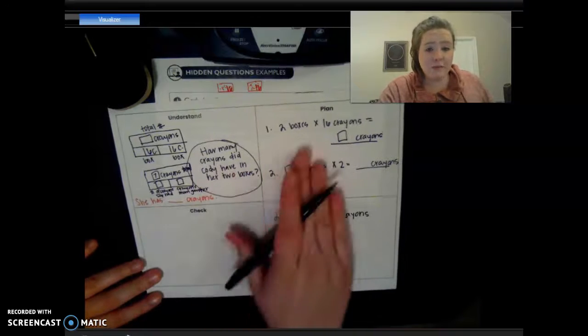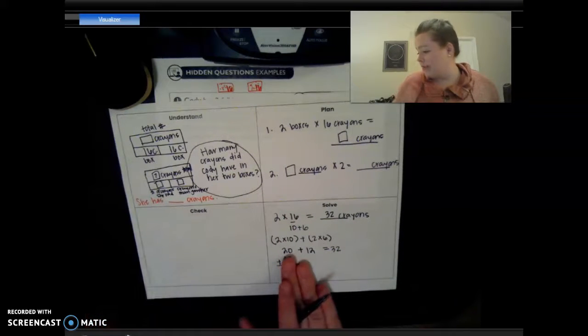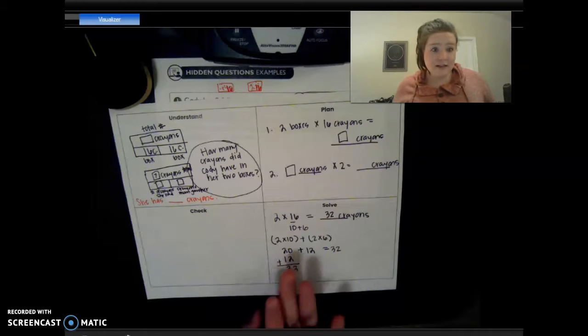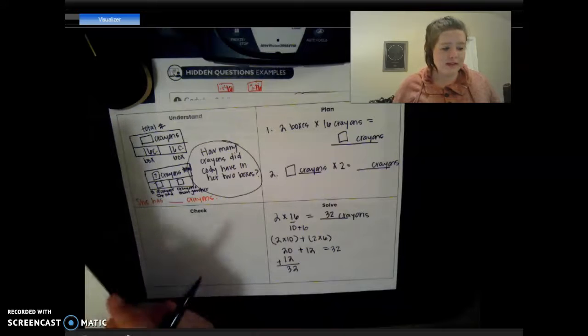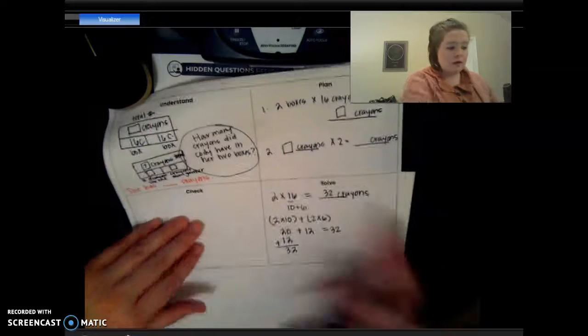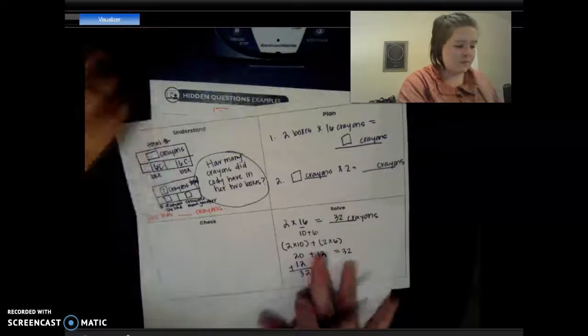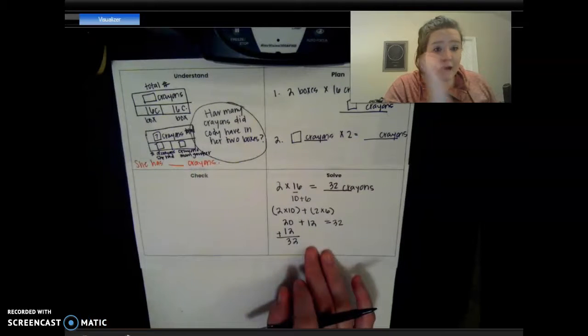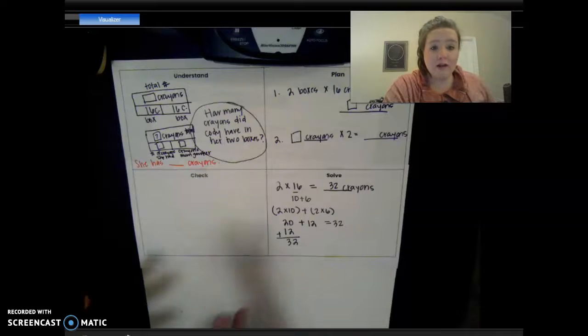Because I know she had 32 crayons in her 2 boxes, I can now double that. I can multiply that by 2. Let me get a second piece of paper because I might run out of room. She's doubling the amount of crayons she has.